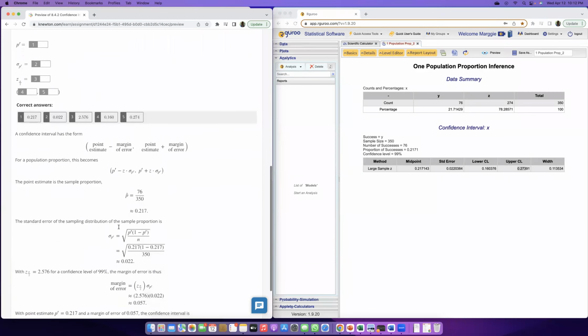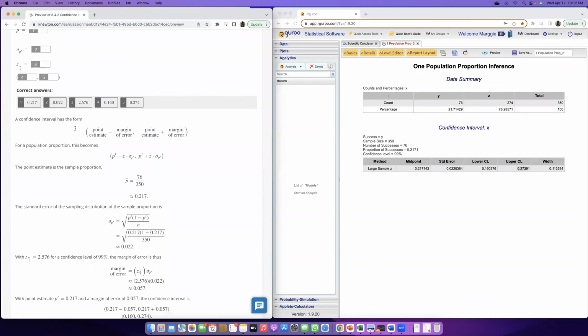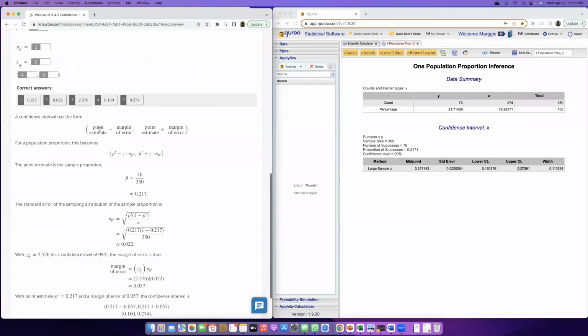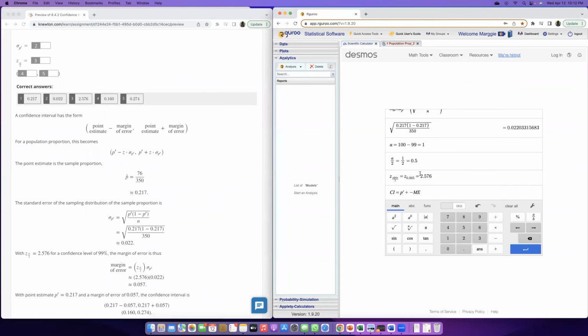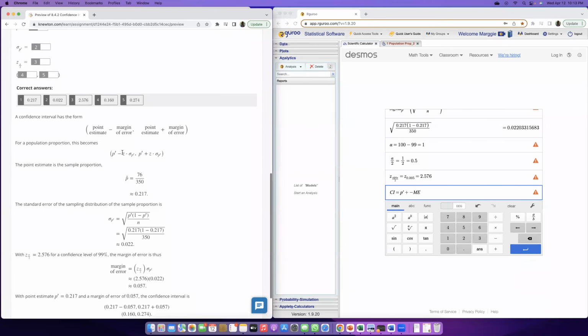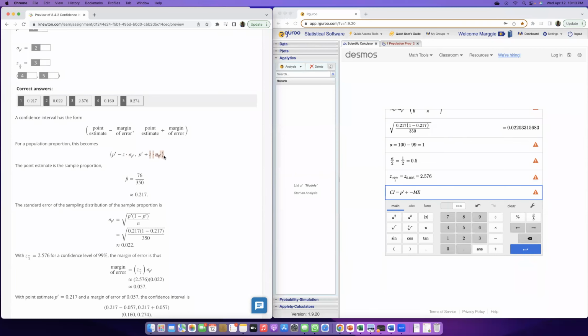All right, and so again, the explanation: the confidence interval for the proportion is always built in this way: point estimate minus the margin of error, point estimate plus the margin of error, which is what I kind of try to say in here. We have the point estimate, which is the P estimate here, minus the margin of error, and the estimate plus the margin of error.